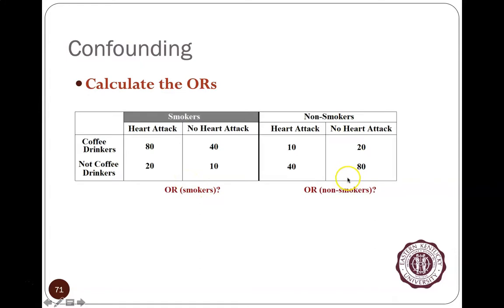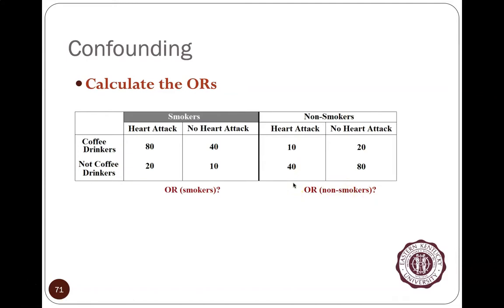It has changed 125% for the non-smokers. It went from 2.25 to 1.0, and from 2.25 to 1.0 for the non-smokers as well. That change in the odds ratio, not just greater than 10 or 15%, but that's a huge change. Changed like 125%. That's clear evidence of confounding.